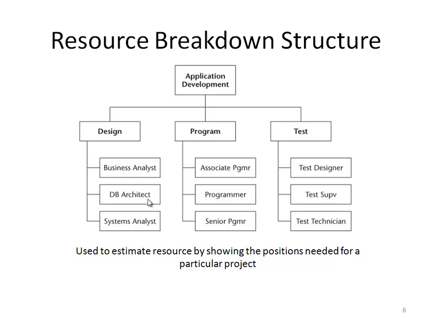In the program, we need an associate programmer, programmer, senior programmer, or program manager. So either it's related to the program or to the programming. For the test, we need a test designer, test supervisor, and test technicians.